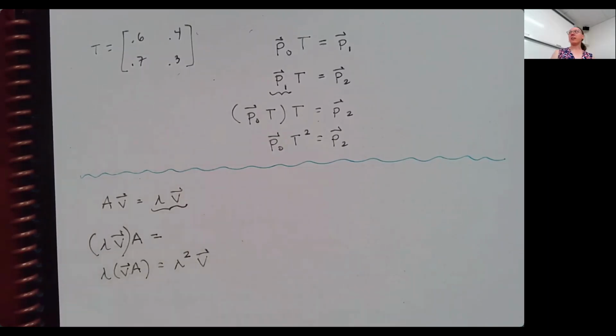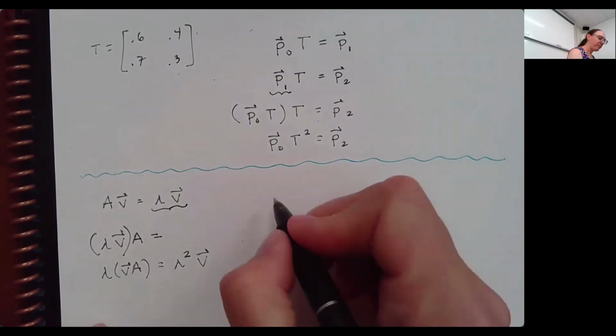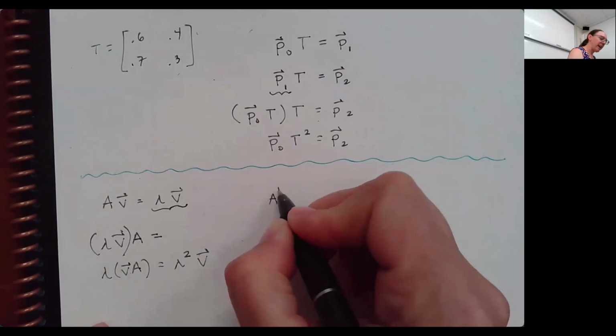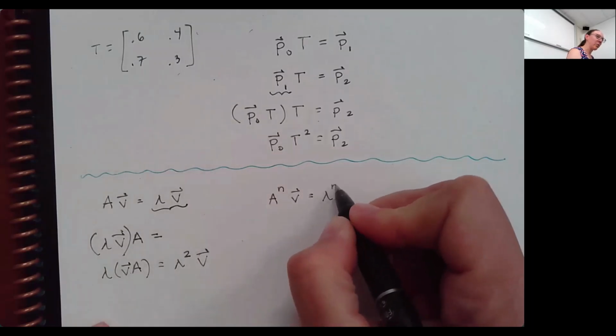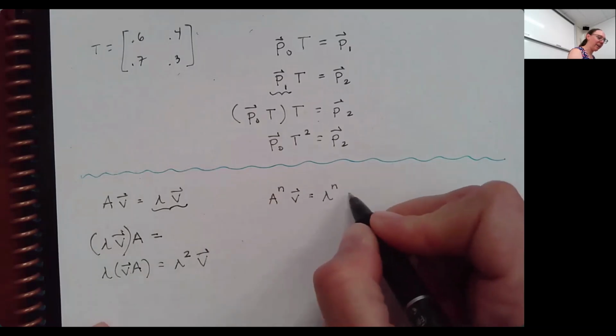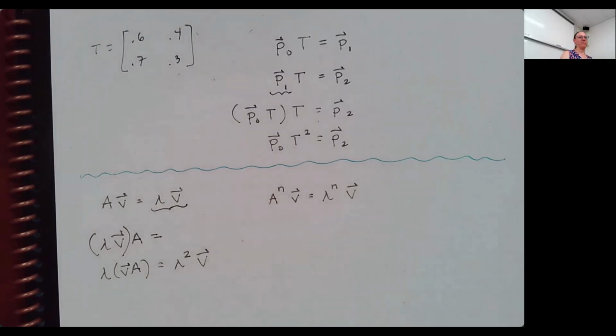So in particular, if I have an eigenvalue-eigenvector pair, doing A to the n times that eigenvector is equivalent to just multiplying lambda to the n times the eigenvector.